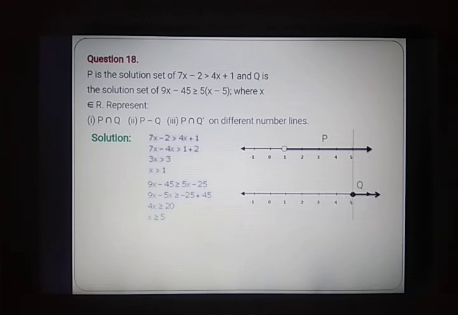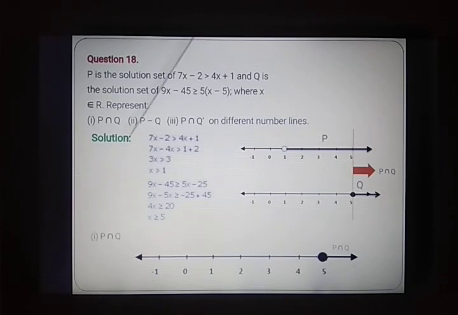Okay, so the common elements between P and Q lie only this way, right? Okay, so only this way the common elements are lying, and that's why all the elements which come this way are my P intersection Q.